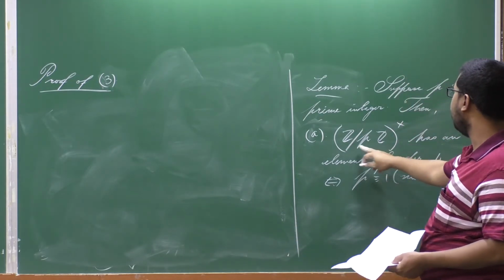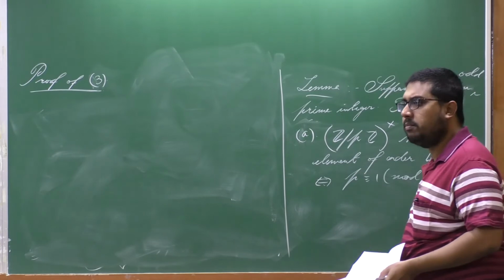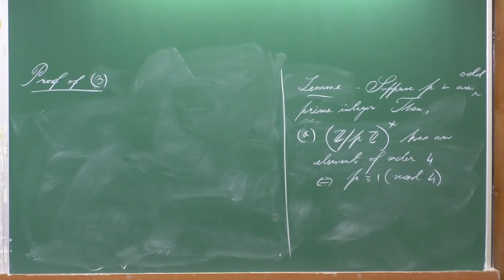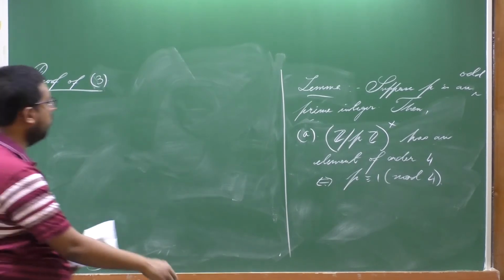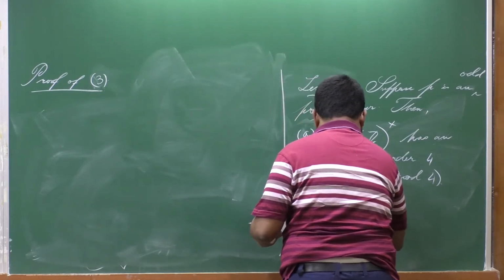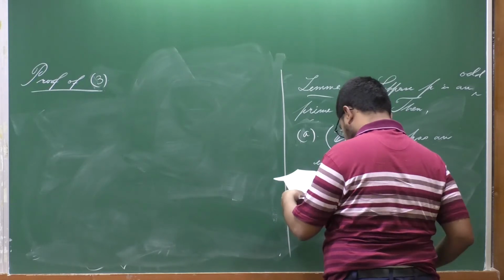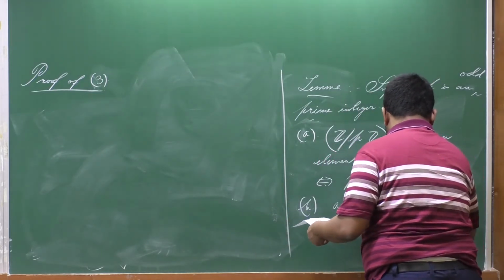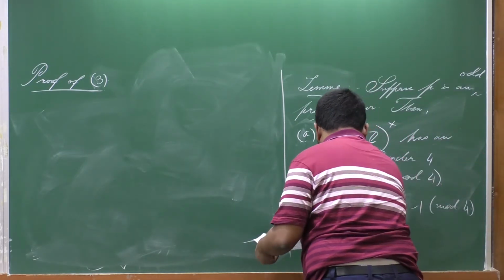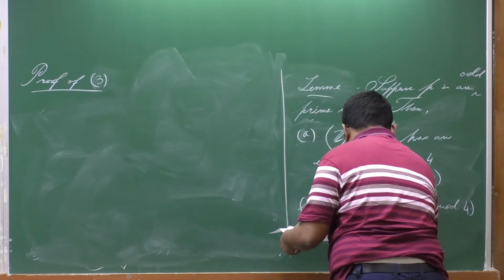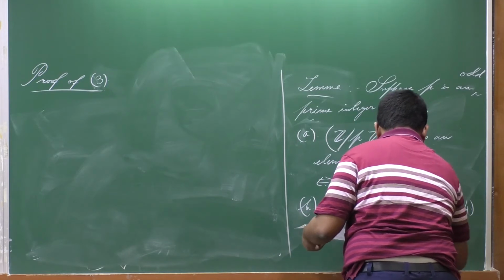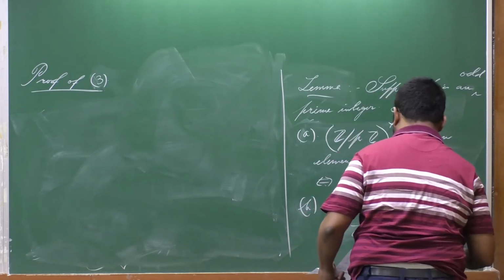Because remember that this multiplicative group is a cyclic group of order P minus 1. So a cyclic group contains an element of order 4 if and only if 4 divides the order of the cyclic group. And then the second thing: A belongs to Z, so A square satisfies this congruence relation if and only if its residue in Z modulo PZ has order 4, that is also quite clear.